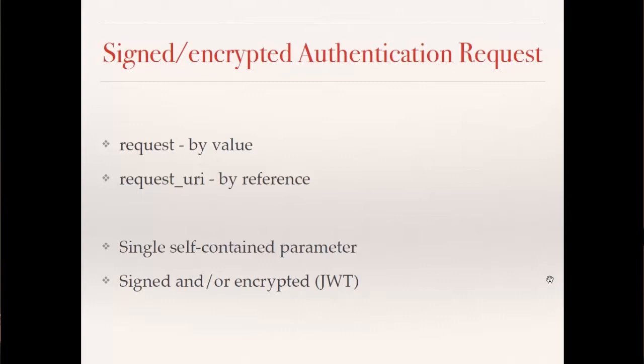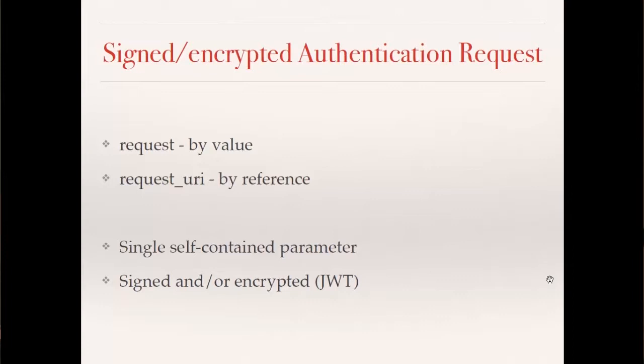It means that you may have an authentication request that contains a lot of parameters, and then a request parameter, which again specifies the same parameters. If someone has tampered with it, they may be different. The specification says how to deal with that, but this is one way of protecting the request.